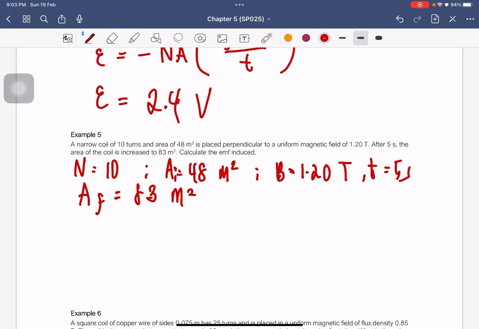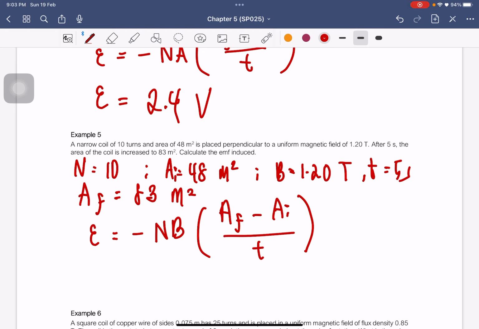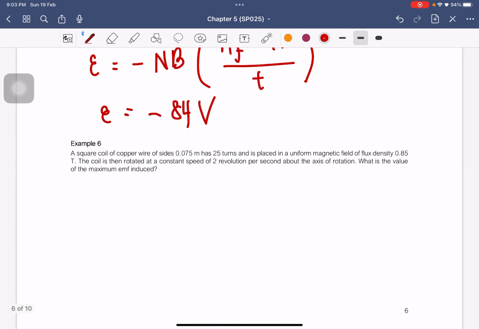So this is initial. So we have to calculate the induced EMF again. So that is negative, and B, A final minus A initial, divided by the time. So you should get the EMF to be equal to negative 84 volts. So again, the negative is just from Lenz's law. It will oppose the change. Okay.